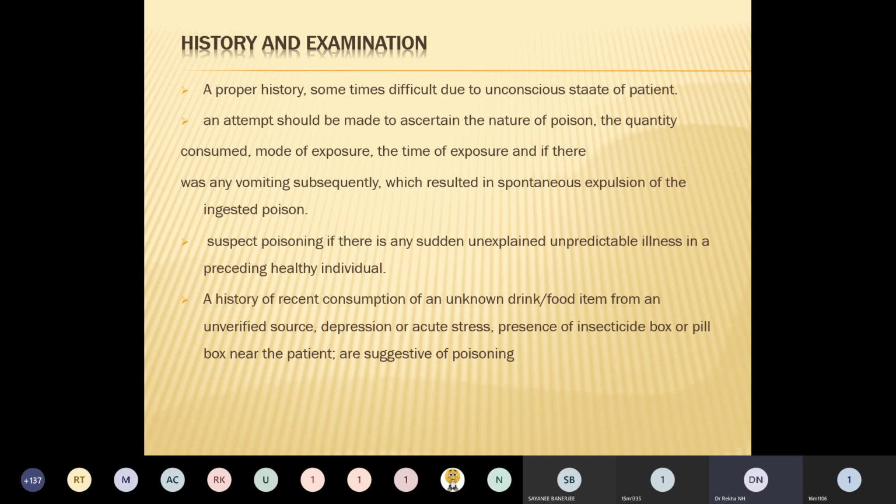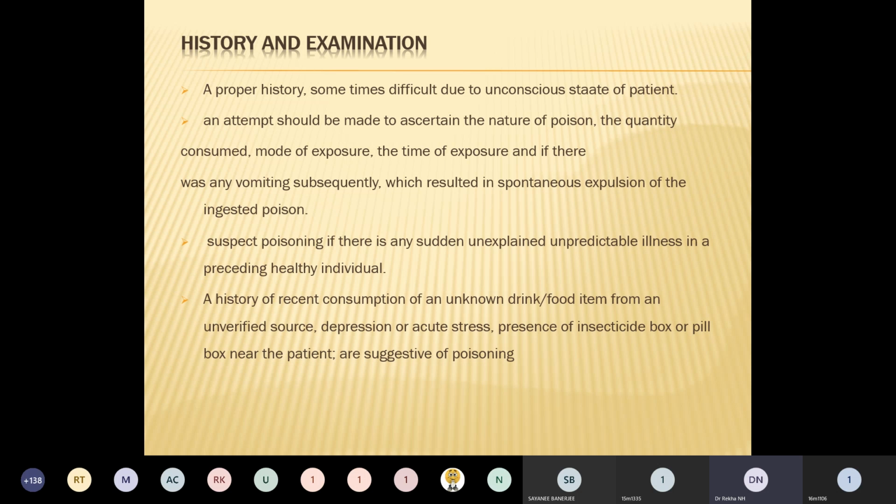An attempt should be made to ascertain the nature of the poison, quantity of the poison consumed, mode of exposure, and the time of exposure. If there is a history suggestive of vomiting, we have to ask whether there was any vomiting following the consumption, which has resulted in spontaneous expulsion of the ingested poison.